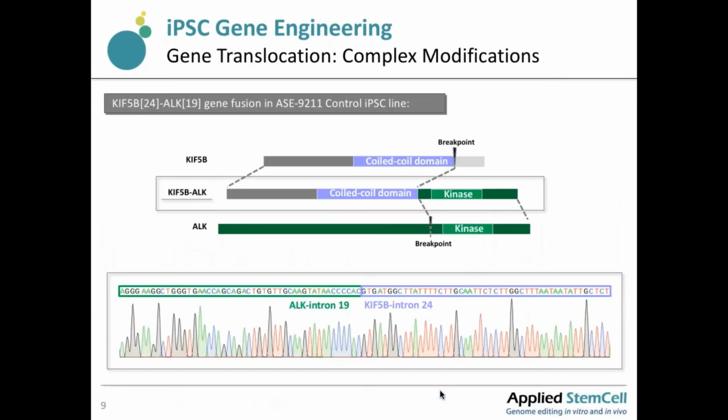And this is our proprietary technology to make not only small mutations, but we can also do chromosome translocation. So this is a very complex modification. Basically, one piece of DNA fragment on chromosome X is transferred to another chromosome.